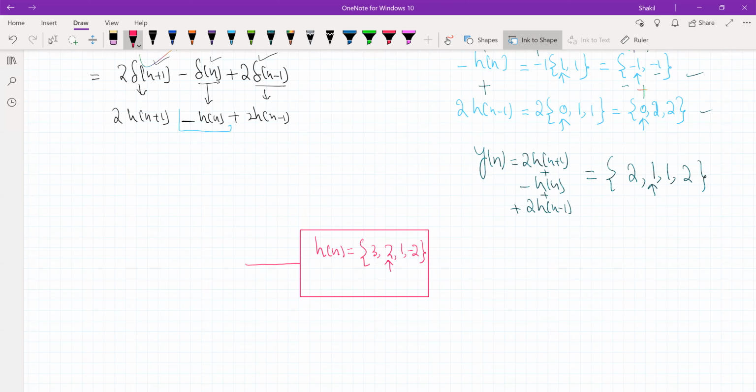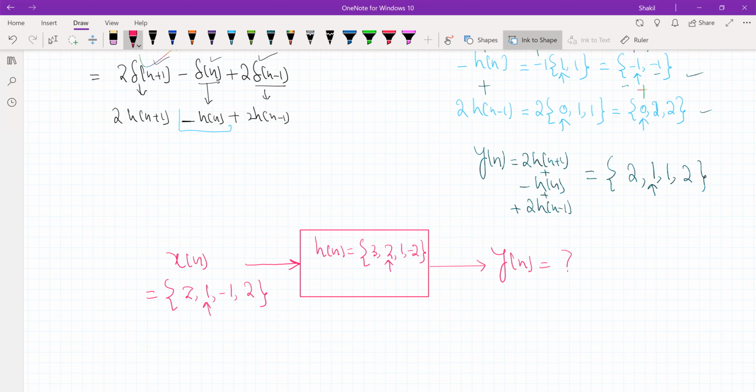The input to the system is x of n, and let's suppose x of n is 2, 1, minus 1, and 2, and this is n equal to 0. What is the output of this system?